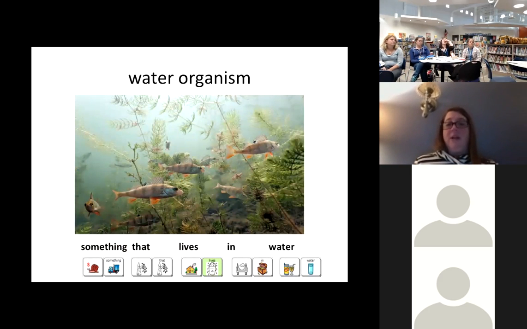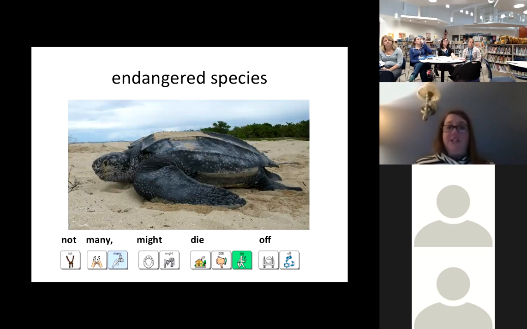A water organism, I could simplify that to something lives in water. I could change it to an animal that lives in water. There's a lot of flexibility with how I would answer this. Endangered species, not many, might die off, right? That would be one way to describe an endangered species.